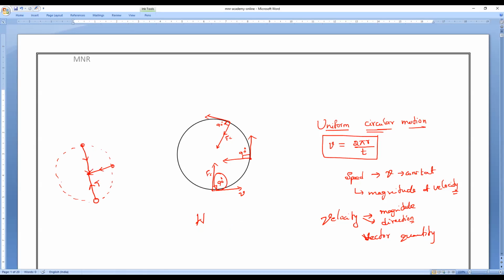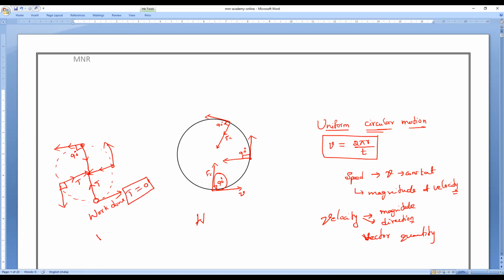When the bob is revolving in a particular direction, always the angle between the direction of velocity and the tension is 90 degrees. So what is the work done by the tension, everybody? The work done by the tension is always 0.